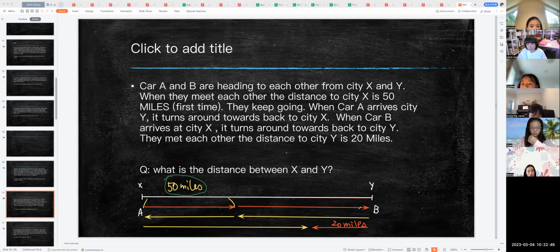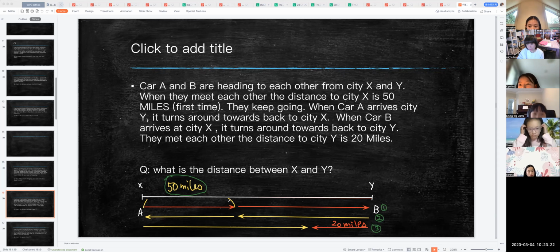But for one distance of XY, A finished 50 miles. Correct? Now, how many total distances of XY did the two of them complete together? 1, 2, and 3. Correct? Very good, Violet. You did very well, because each one is one XY distance. That is 1, 2, and 3.